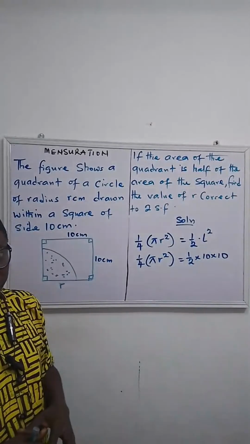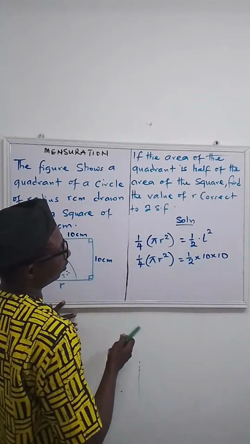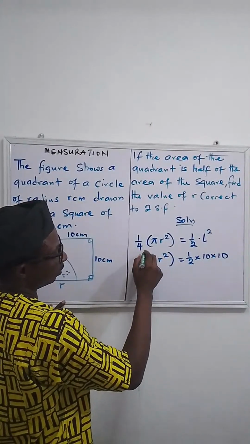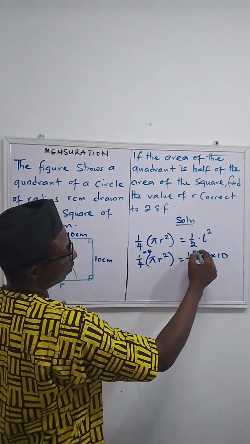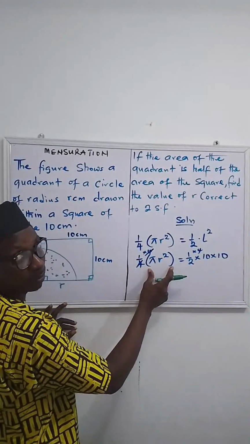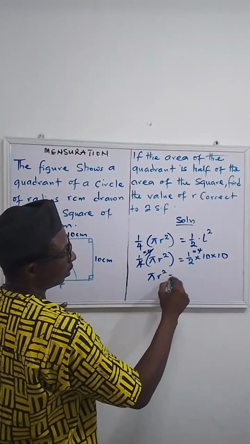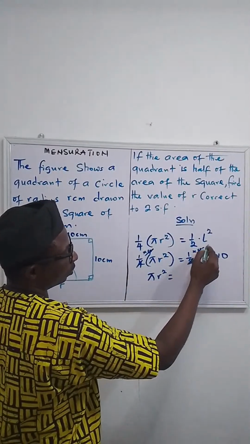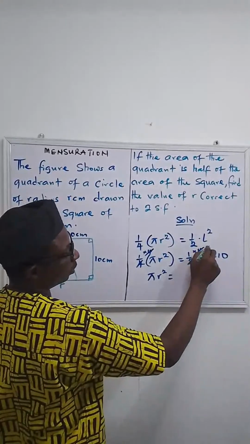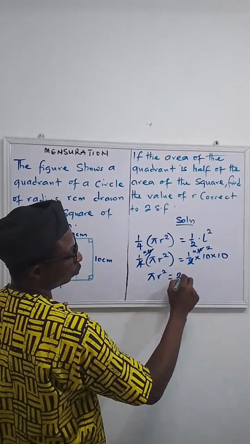Now let's multiply by 4. So when you multiply by 4, I'm multiplying this one by 4 times 4, this times 4. Okay, so 4 will cancel 4. So what you are going to be left with here is pi r squared. Here 2 cancels 2, so you have 2. So now 2 times 10 times 10, that gives you 200.